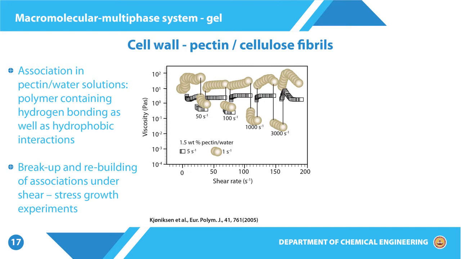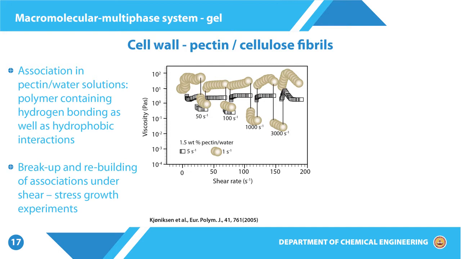A fruit, when it is very raw, usually has a stiffer cell wall, and when the fruit ripens, the cell wall actually becomes softer. So, how the pectin and cellulose fibrils act together and what kind of mechanical performance they give is very important in terms of looking at the cell wall mechanics.